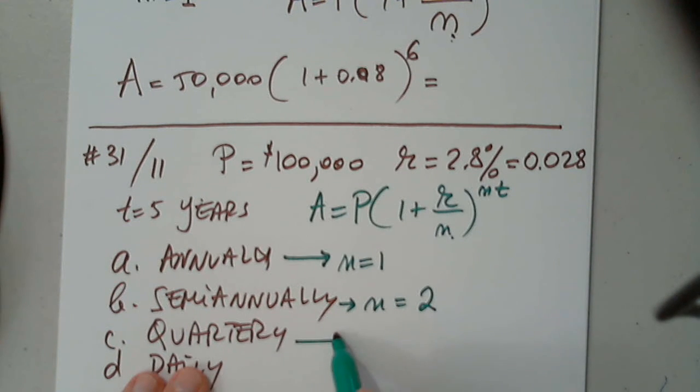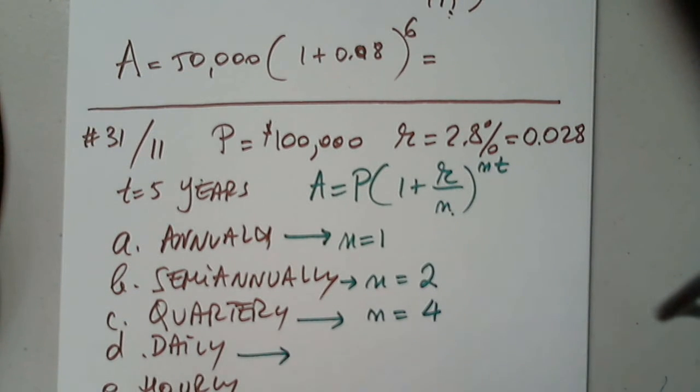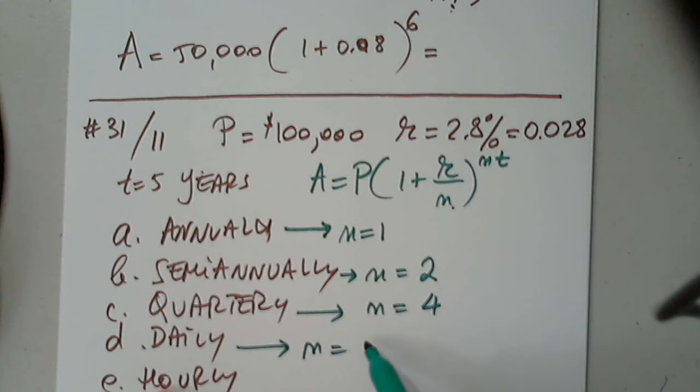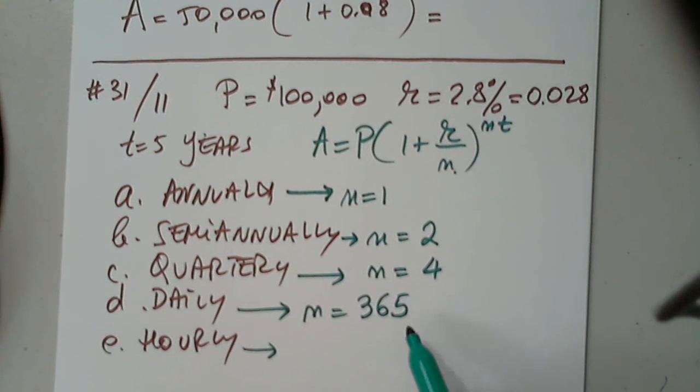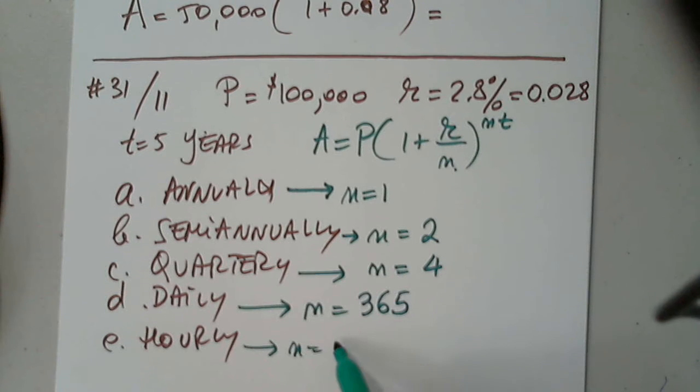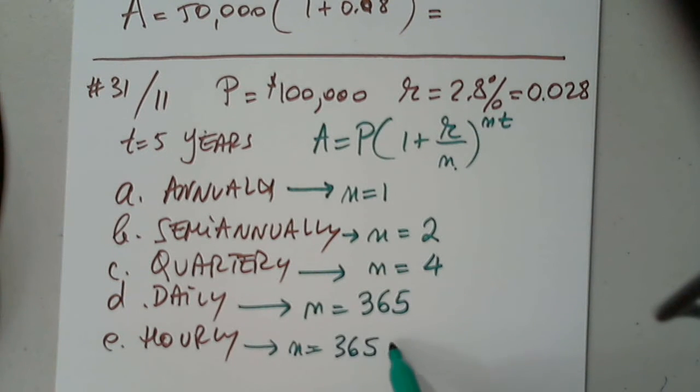What does quarterly mean? N equals 4. Excellent, 4 quarters. How much is N for daily? Well, we're going to consider 365. You can say some years don't have 365. Okay. And what about hourly? For hourly N, that will be 365 days multiplied by the number of hours in a day.